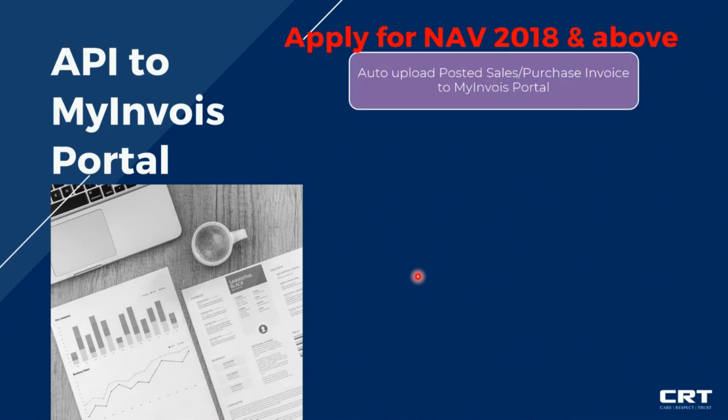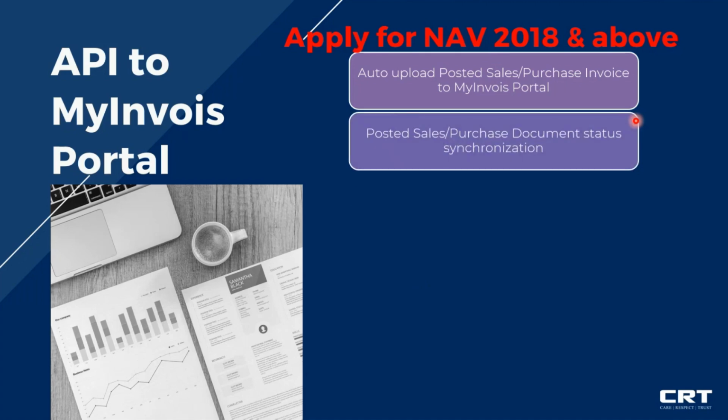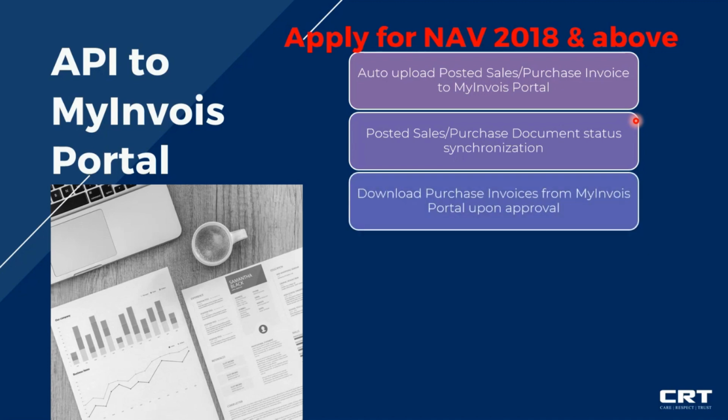What we have in all these versions is the scheduler, the job queue, to upload the posted document to the portal for you. It will also get back the information from the portal and update the posted document as well. It could also download the purchase invoice from the portal.